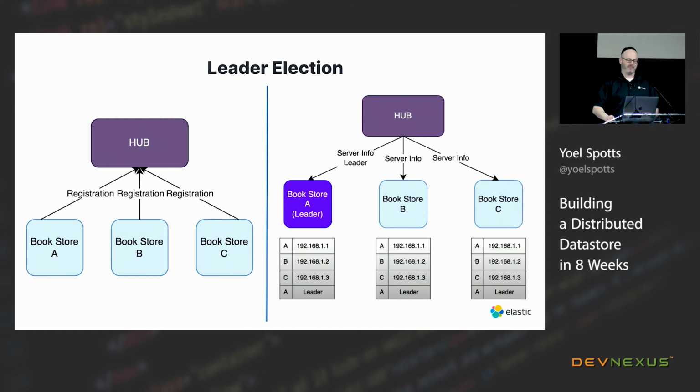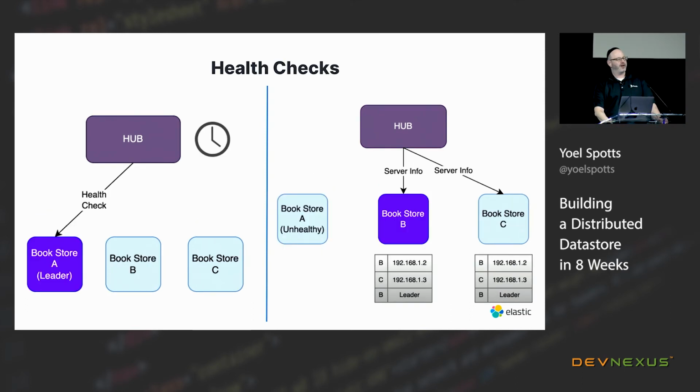They implemented it. I said, let's say bookstore A goes down. What do we do then? Now we've got a problem because there's no leader to handle these batch operations. So they thought about it, and what they came up with was that we could do health checks periodically. Brilliant. So every once in a while, every 10 seconds, let's say, the hub will check to see if bookstore A is still up.